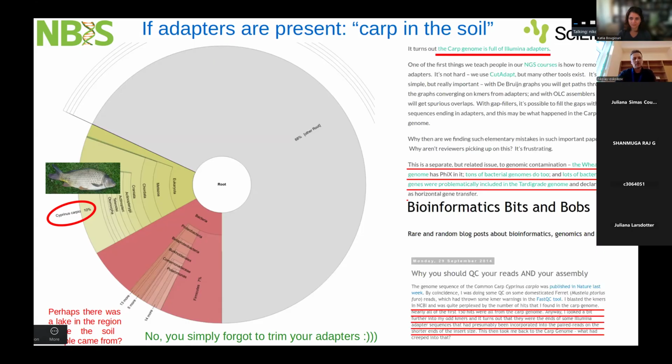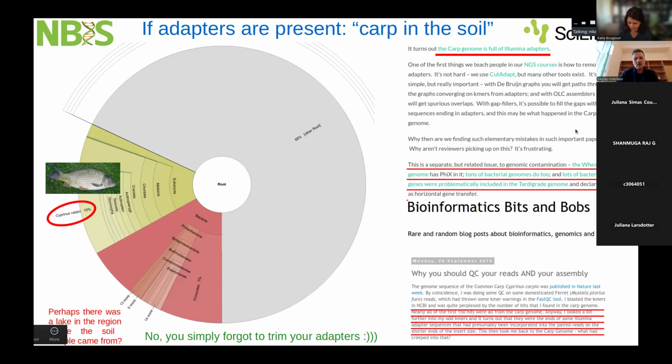So it turns out that the reference genome of Cyprinus carpio, common carp, was assembled on adapters until 2021. I think nowadays they changed it in the NCBI RefSeq, but before 2021, I think the Cyprinus carpio reference genome was full of adapters.